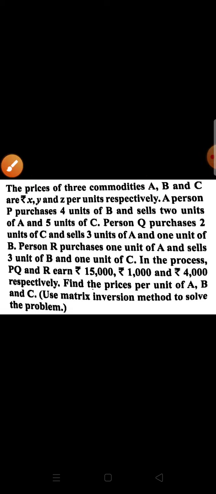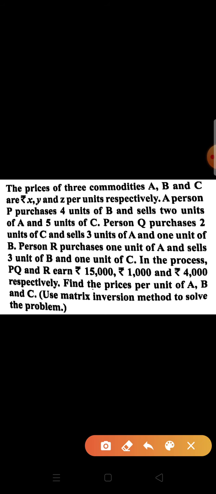Similarly, the third equation, that is R. Here R purchases 1 unit of A; this is the cost price. R sells 3 units of B, that is 3y, and 1 unit of C, that is 1z. The cost price is minus x.